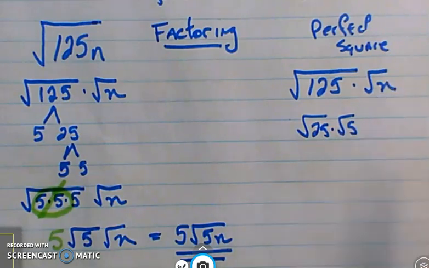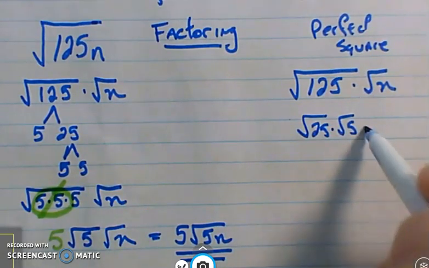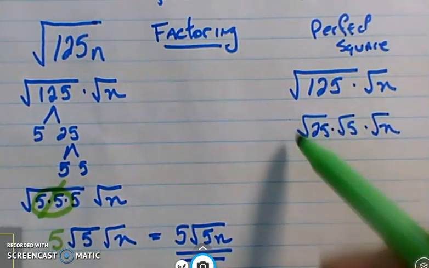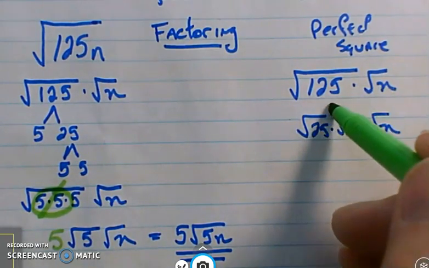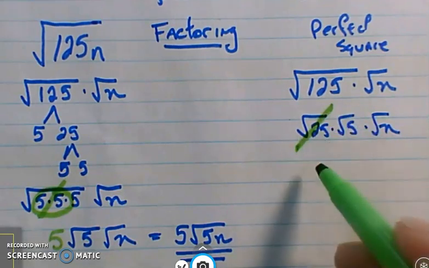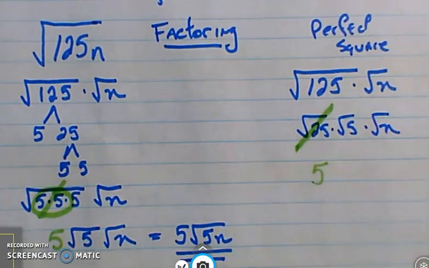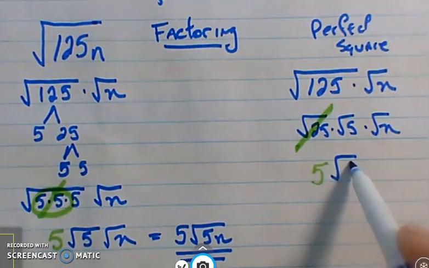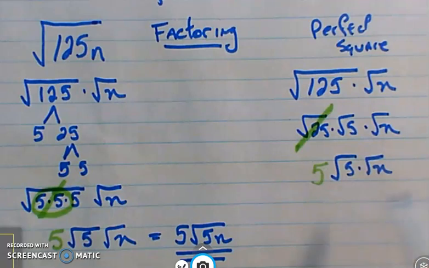And there still is no perfect square for this, so I'm just going to leave that as the square root of n. Now, because 25 is a perfect square, the square root of 25 is 5. And just as before, these two are not perfect, so I will leave them as separate. I hope you can see the similarities, and the answers are definitely the same.